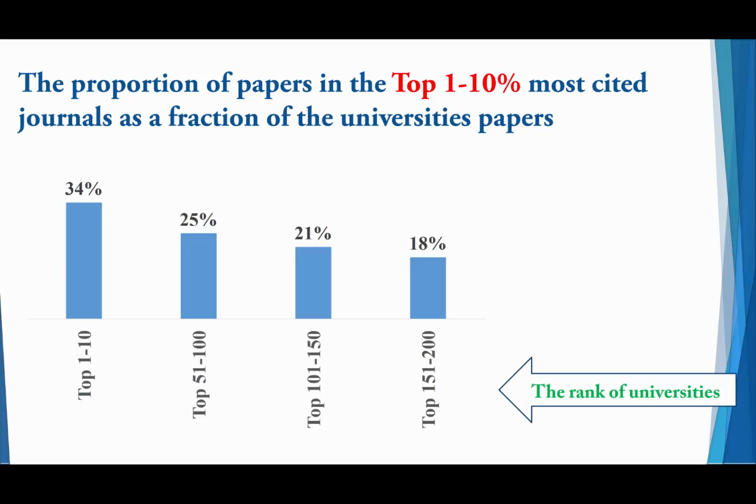The top 1 to 10 global ranked universities publish about 34% of their papers in the top 1 to 10% journals. Similarly, about 25% of papers of the top 51 to 100 global ranked universities publish in the top 1 to 10% journals. This value for the top 151 to 200 global ranked universities is 18%.